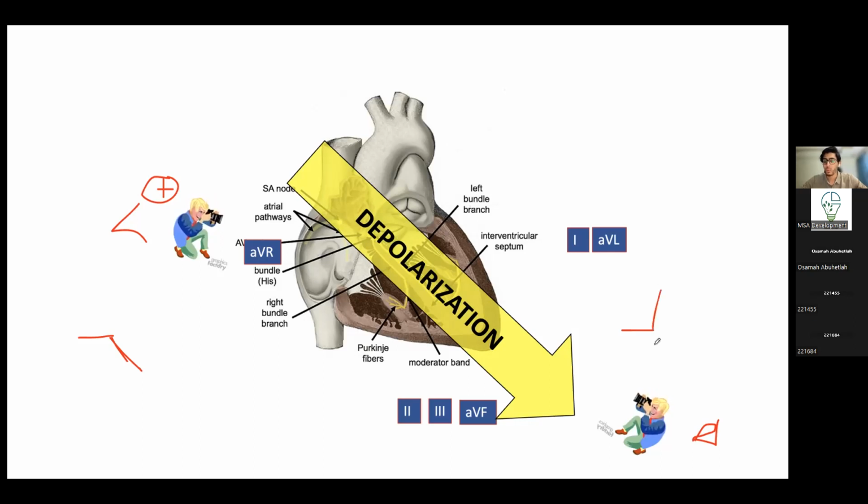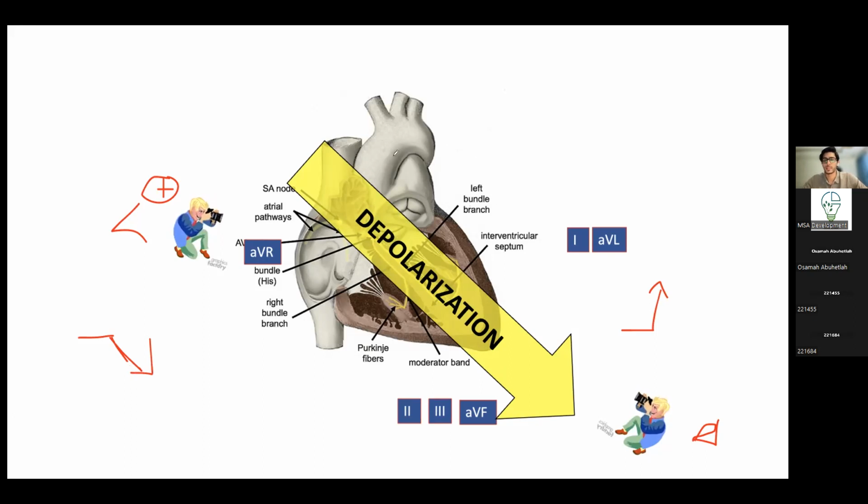Exactly, it's going to be up. Why? Because the point where we're taking the photograph from is the positive electrode, and the depolarization is spreading towards that camera, towards that positive electrode, so the deflection is going to go up. We'll talk about that later.